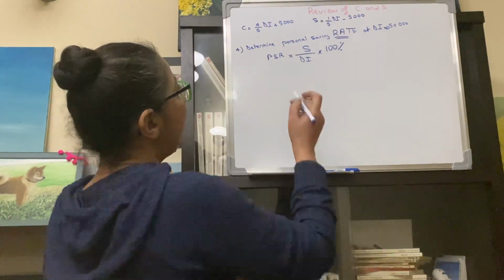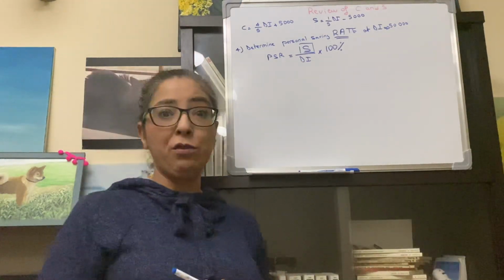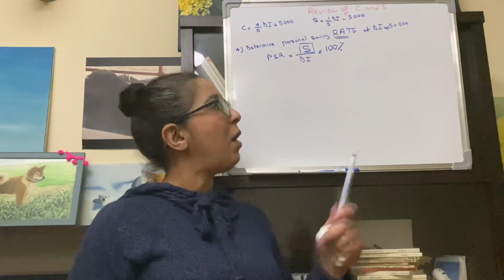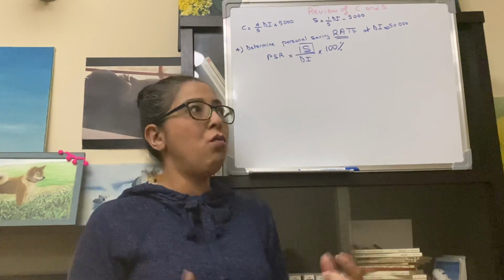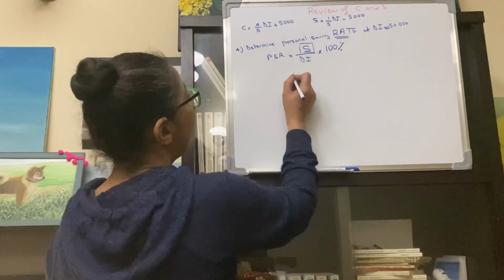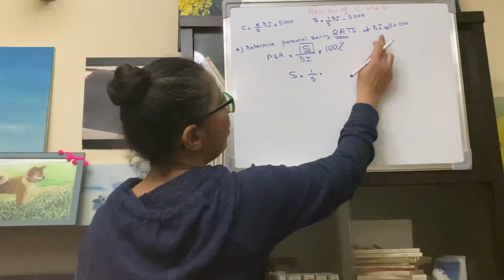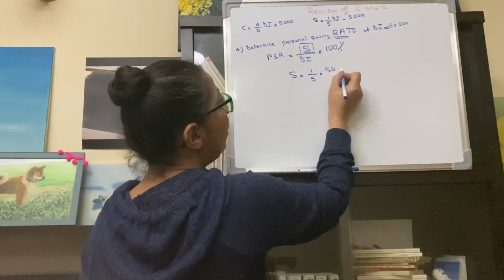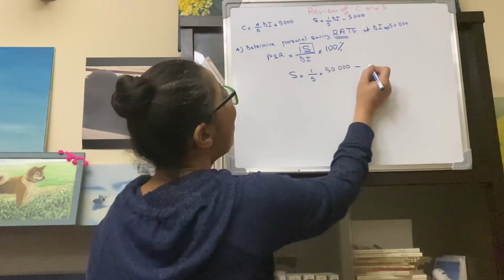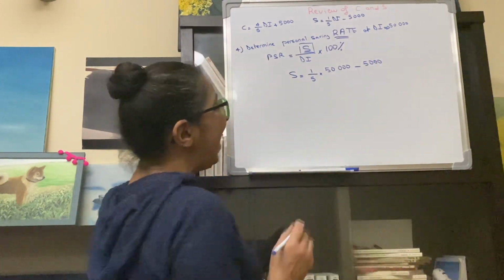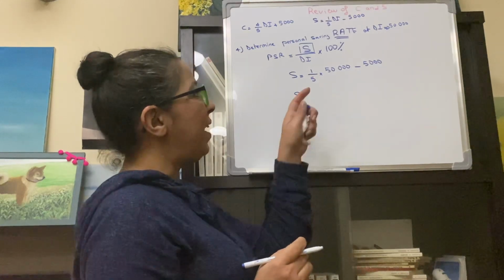So, first thing I need is my saving. I don't have my saving at 50,000, so I need to calculate it. Now I have my DI. I'm just going to replace in the saving function to know what my saving is. Let's do it. So saving is equal to 1/5 times DI of 50,000 minus, remember that, minus 5,000. Okay, so saving is equal to 50 divided by 5.